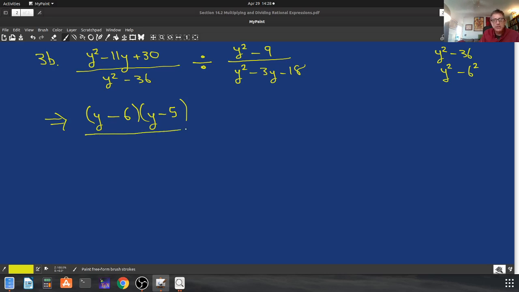I just wanted to do it in my head, and when you get good, you realize that's all you're doing with the tic-tac-toe method when the leading term is equal to 1. As a matter of fact, if the leading term were always equal to 1, I would have never taught you the tic-tac-toe method. The tic-tac-toe method, or table method or whatever, works much better when the leading term is not 1. So y squared minus 36 is y squared minus 6 squared. So that's y minus 6, y plus 6.